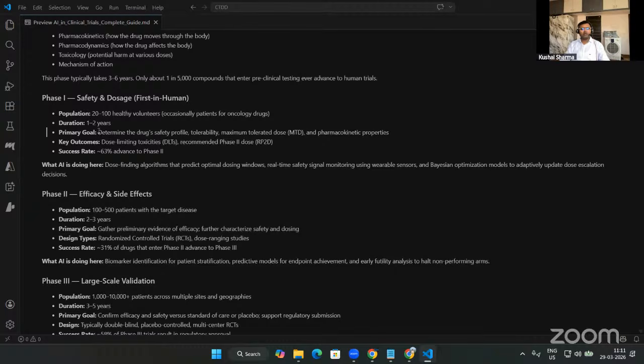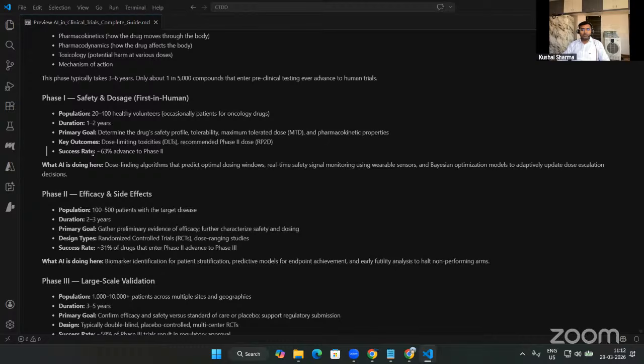The primary goal is to determine the drug safety profile, tolerability, maximum tolerated dose, that is MTD, and pharmacokinetic properties. The key outcomes here are dose limiting toxicities, that is DLTs, and recommended phase 2 dose, RP2D. The success rate is approximately 63% advanced to phase 2.